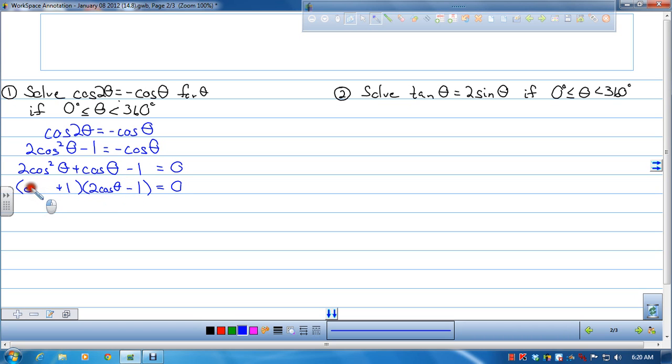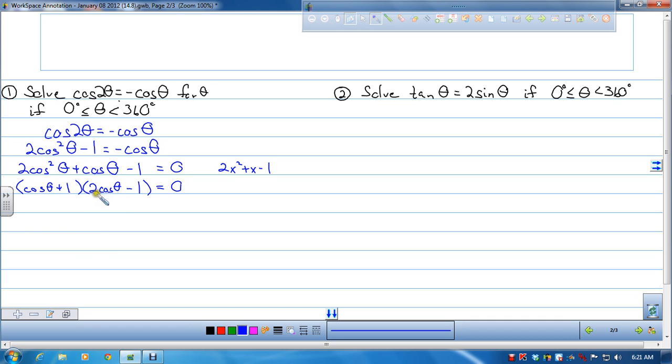And this would just be cosine theta. Okay. So I can go backwards, make sure that when I would FOIL, if you remember that, first, outside, inside, last, make sure that that would equal this up here. And as I said, if you want to think about this as being 2x squared plus x minus 1 and factor that, you can. And then just realize that wherever you have an x, it should be cosine theta.